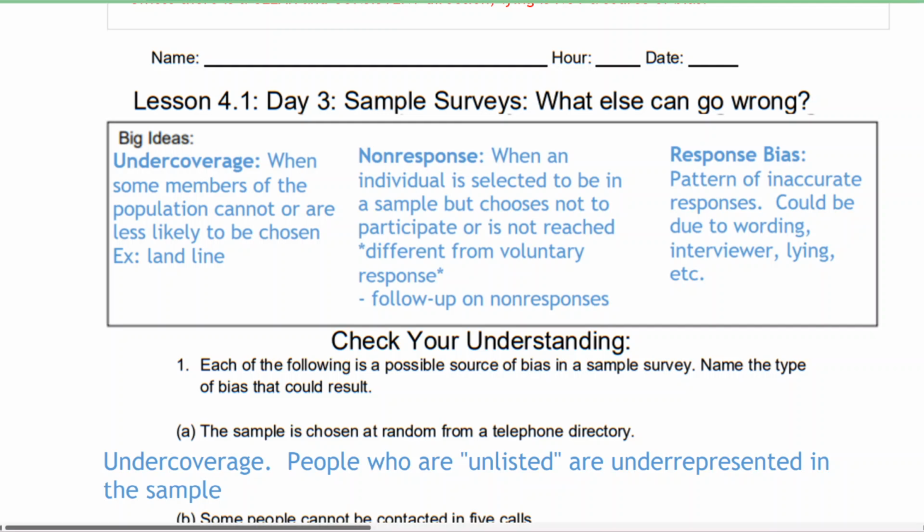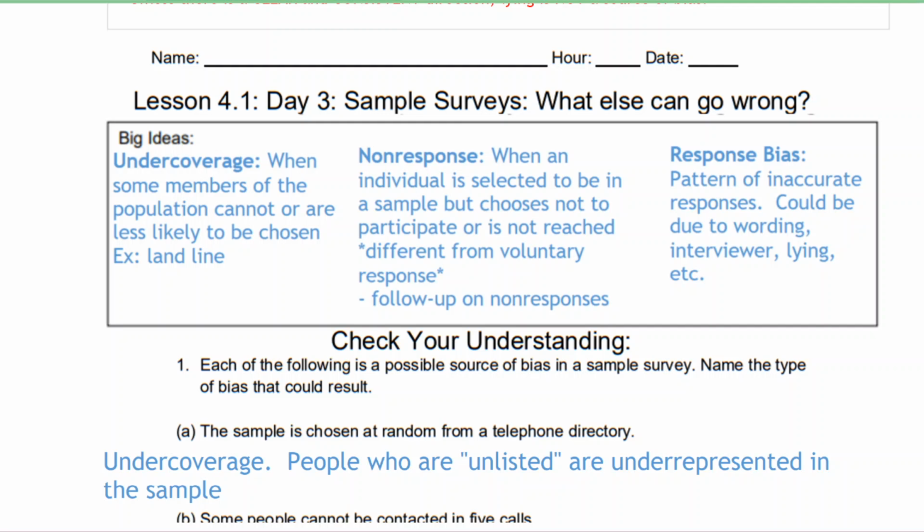The only way to deal with this non-response bias is to, number one, make sure that the non-respondents have no possibility of reversing the outcome. And number two, if the non-respondents can still overturn the outcome, then you want to follow up on the non-responses. Simply taking another sample is never going to do anything. It's not going to overcome that non-response bias.